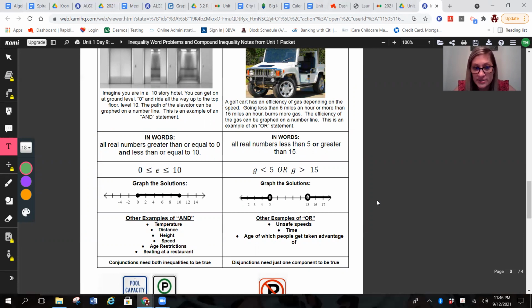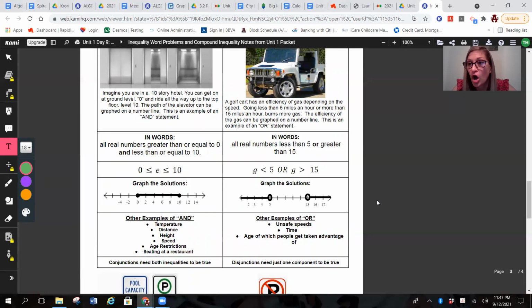Distance, height. In order to ride a ride at an amusement park, you need to be taller than 42 inches, but you can't be taller than 167 inches.